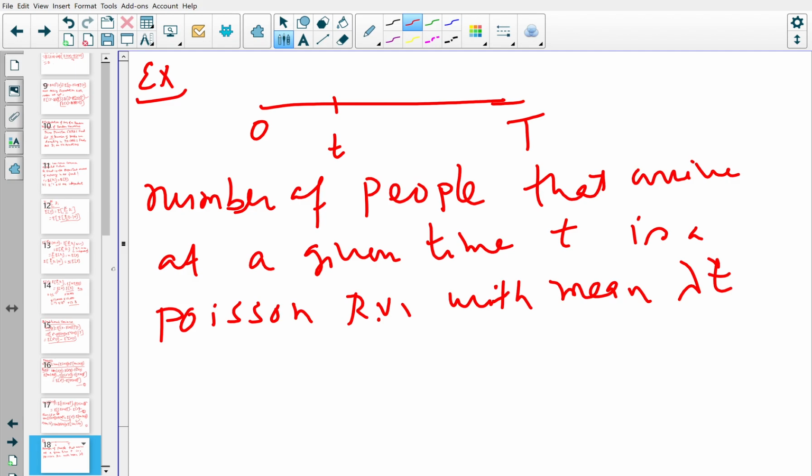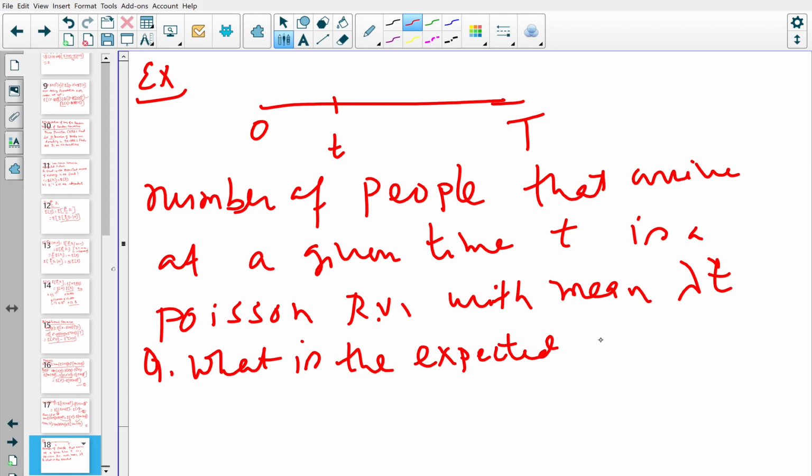Now we are interested to know, if the train is coming in between small 0 to capital T time, what is the expected number of people, and variance also.